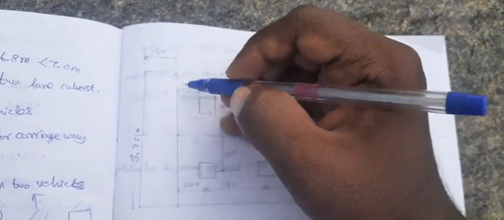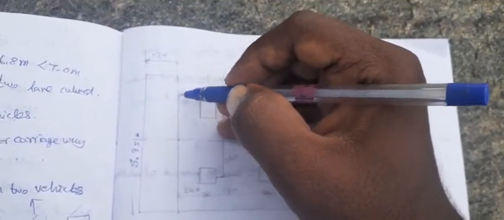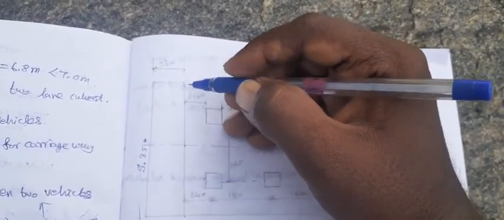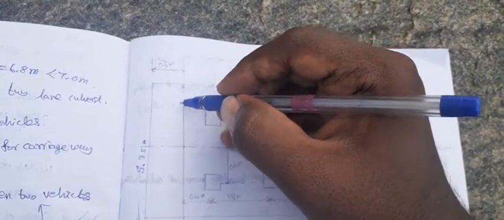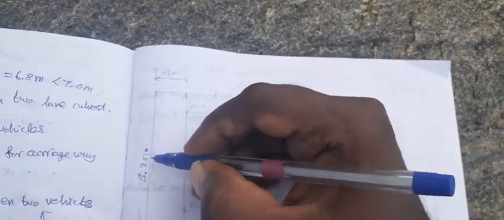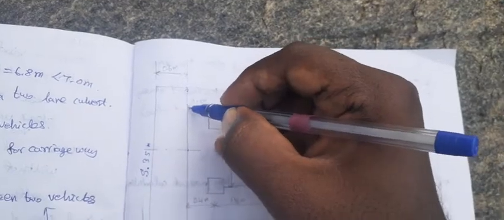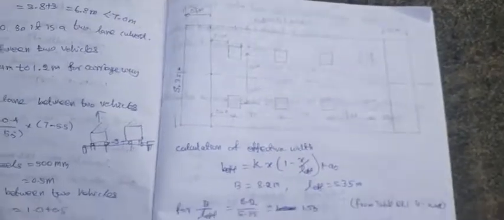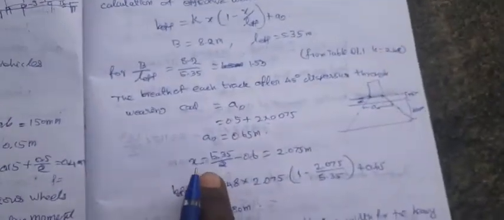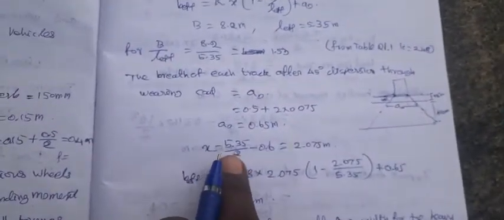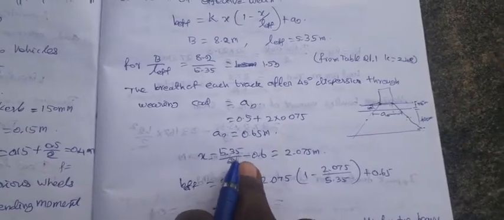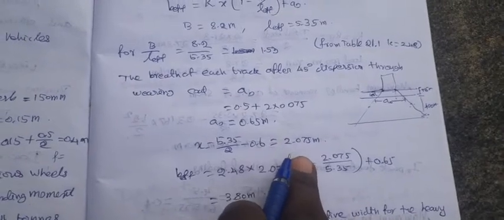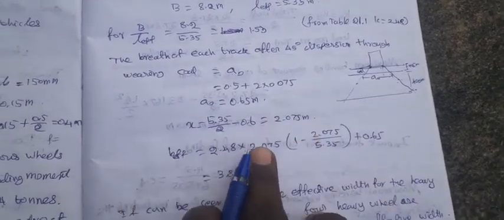So we should consider the loading area to be 0.6 meter before reaching the road surface, only on the bridge surface. So 5.35 minus 0.6 is this portion. We should consider this point, which is called X. So X is 5.35 by 2 minus the size of the support, 0.6. So here 2.075 meter comes as the X value.